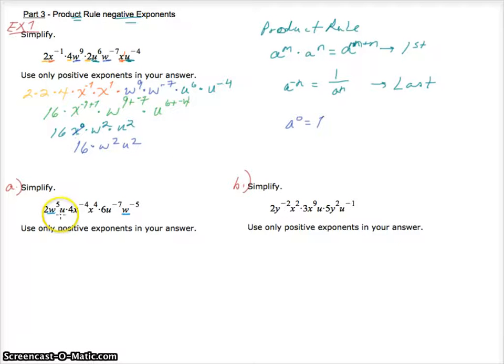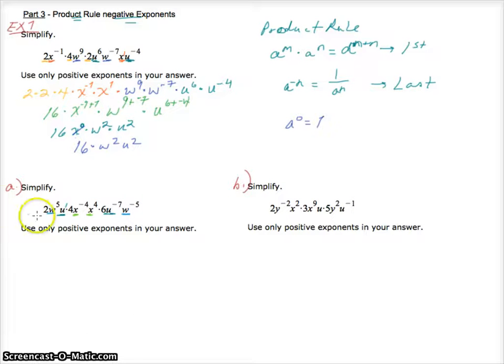Next, I have u to the 1, let's add a little 1 up there, and u to the negative 7. And then, lastly, I have x to the negative fourth, x to the fourth. And we can almost predict what's going to happen to the fifth and the negative fifth and the negative fourth and the fourth power.